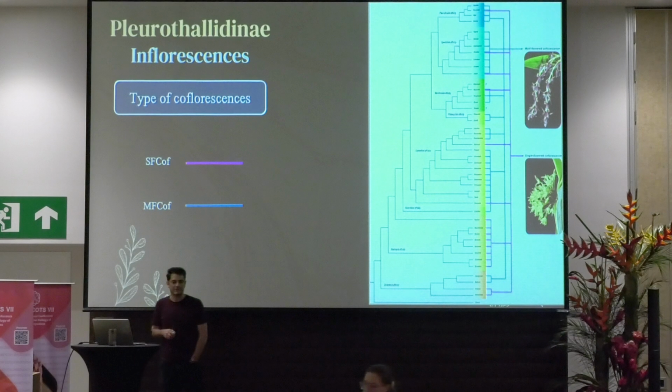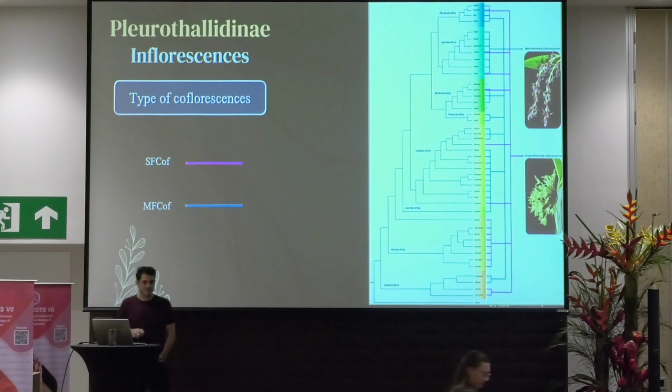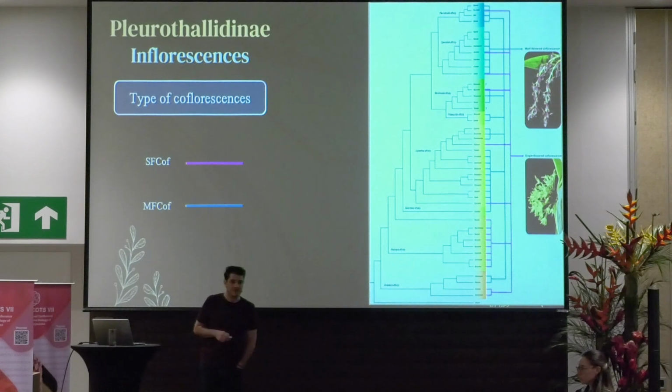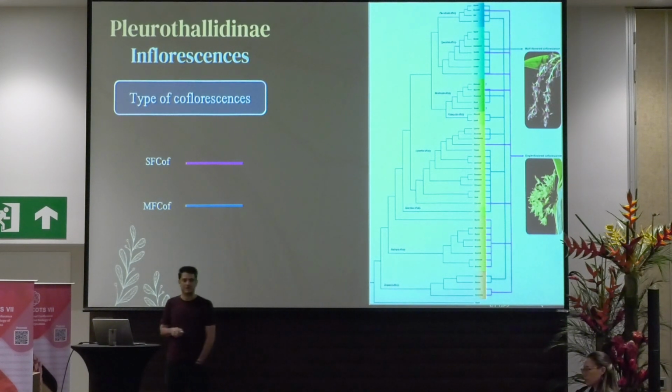Any other question? Have you looked at the microscopic level, like flower primordia? No. What would you expect if you were to look? Would you expect a lot of diversity in there? I wouldn't expect much. I don't know. What do you think?